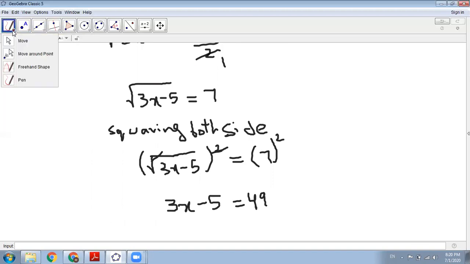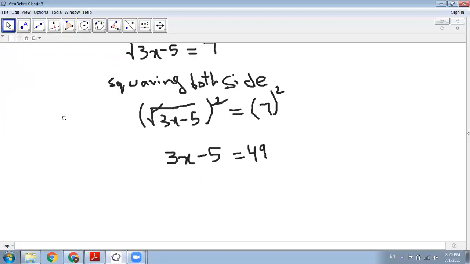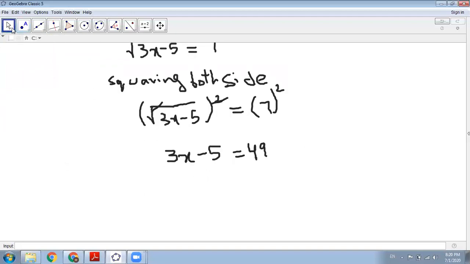Now simply we have to find out the value of x. It now becomes a linear equation. So we first move minus 5 to this side. 3x equals 49 plus 5. Then it will become 3x equals 54.